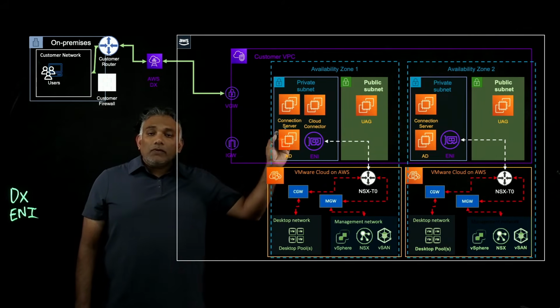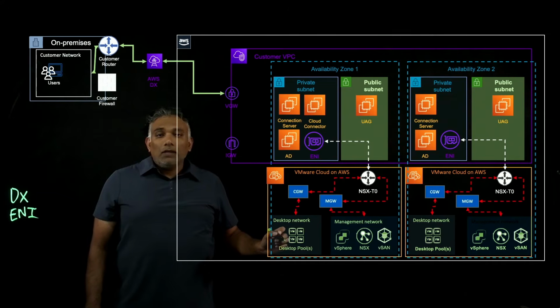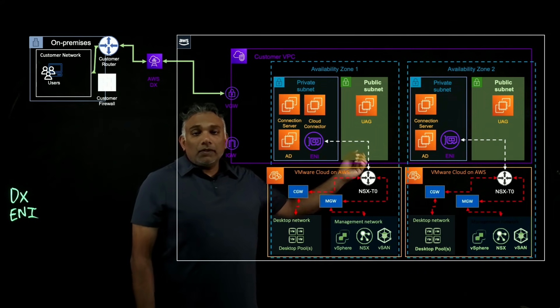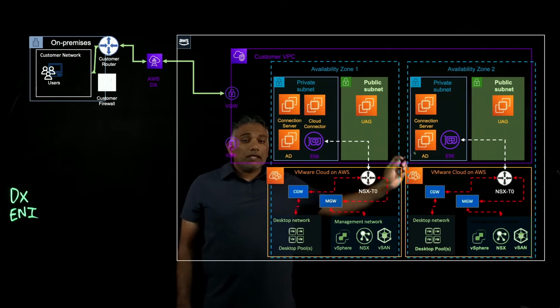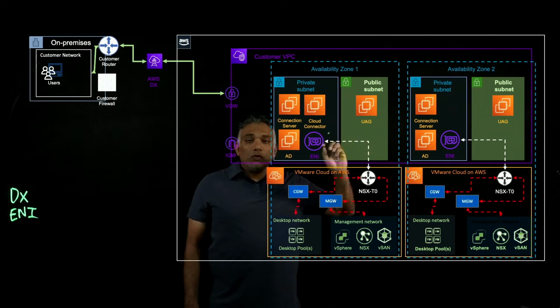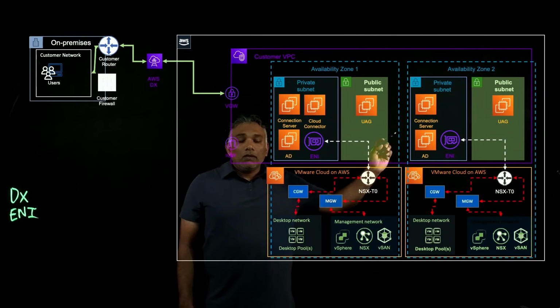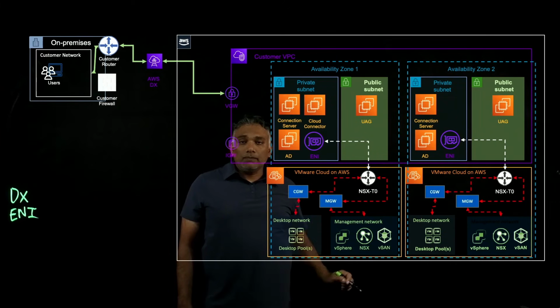From the connection server, you can then deploy your desktop pools, as you can see here. And then on the same setup, you'll do a very similar configuration on the secondary availability zone, where in the connection server which you set up, you can deploy a desktop pool into the additional vCenter in the availability zone too.